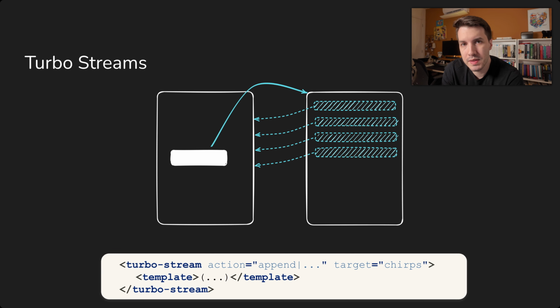And what's cool about this is that we can also broadcast using WebSockets or something like that to multiple different clients. So let's say you send a message to a chat, and in the backend we can broadcast that same HTML that we might return to the user that sent a message to everyone connected to this chat room, and they will see the new message popping up, and it's the exact same tuple stream HTML that we broadcast there.